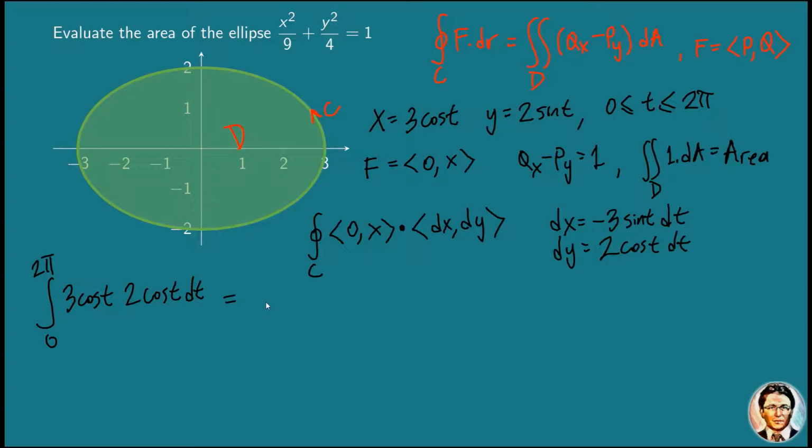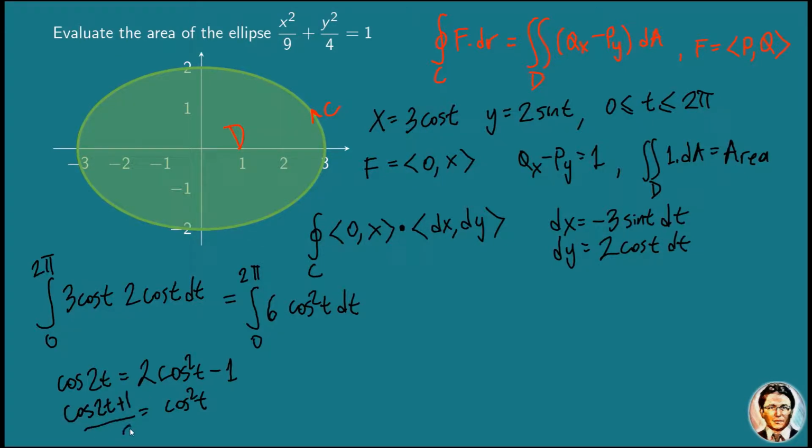So that is, well, we may use power reduction formulas. That is 6 cosine square t dt. Cosine 2t is 2 cosine square t minus 1, so you may replace cosine square t with (cosine 2t plus 1) over 2.